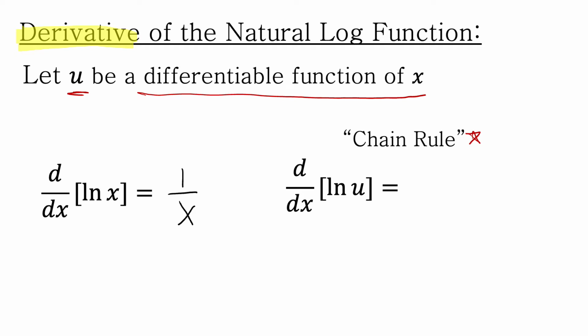So here we would take the derivative of the natural log function, which would be 1 over u, times the derivative of the inside, which would be du dx. And we can also write this, the derivative of u, as u prime over u. So again, we have these two important formulas that we're going to be using for the rest of today.